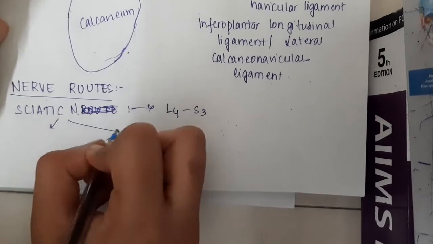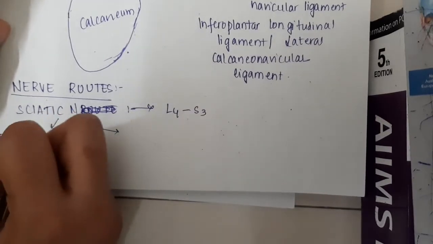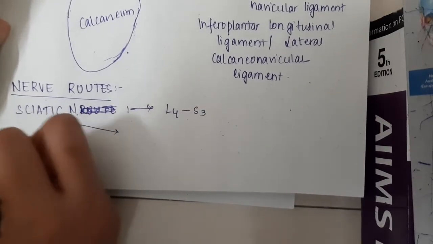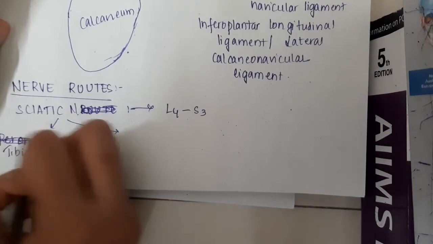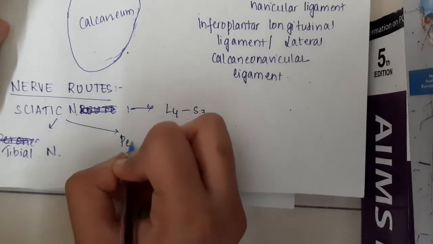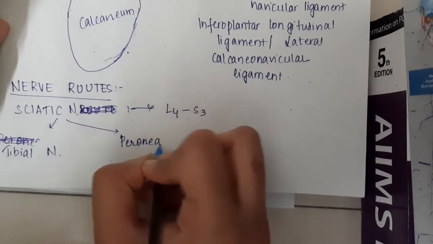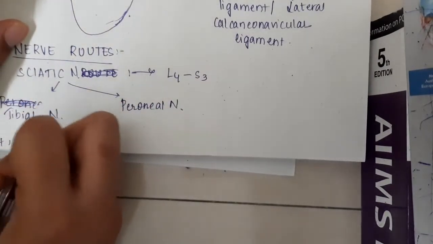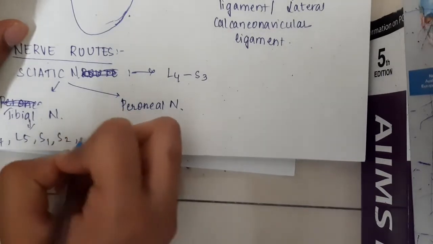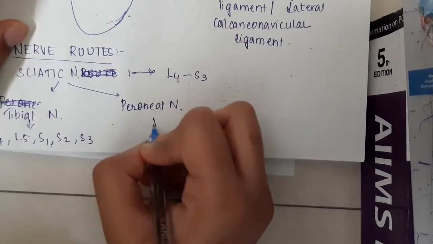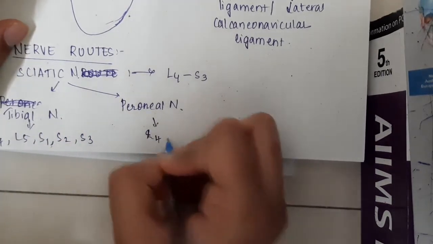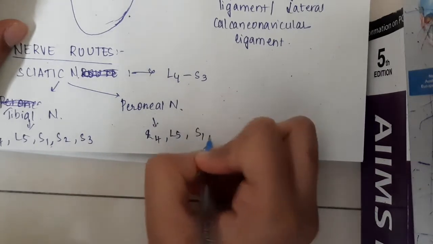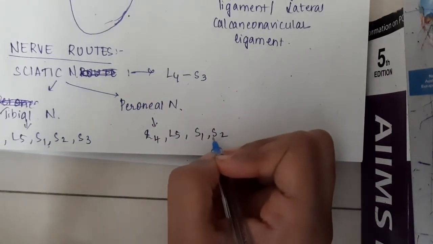The sciatic nerve has two divisions: the tibial division, forming the tibial nerve, and the peroneal nerve. The tibial nerve has L4, L5, S1, S2, S3, whereas the peroneal division has branches from L4, L5, S1, S2.